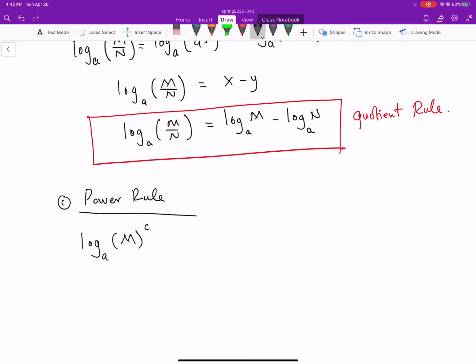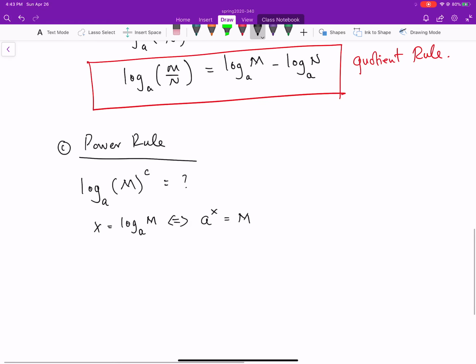raised to the c. What do you get? So in this case, I'm only going to use just x is equal to log a of m, and that's the same as a to the x is equal to m. So if I substitute the exponential form for m, then I get log a of a to the x raised to the c.